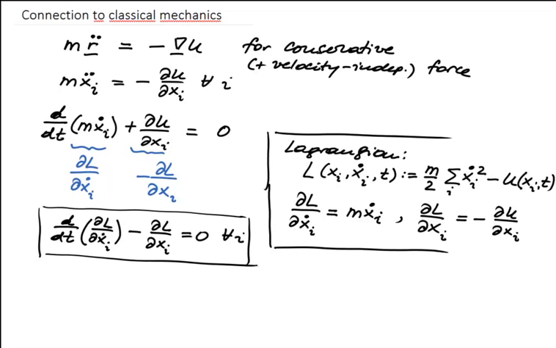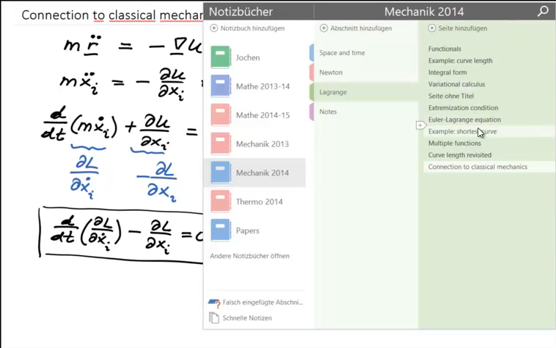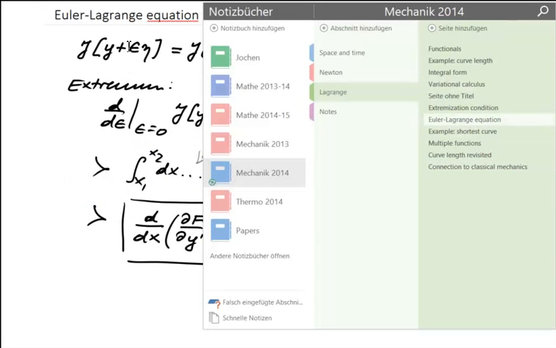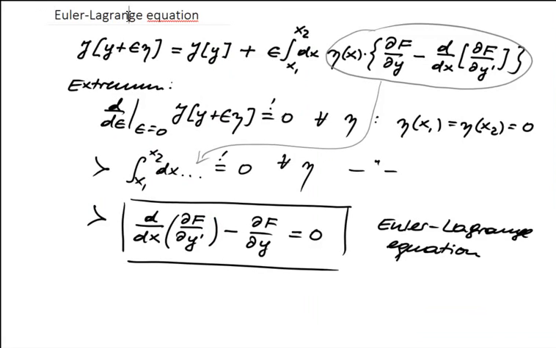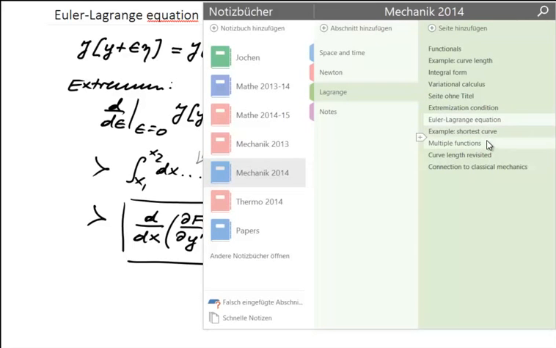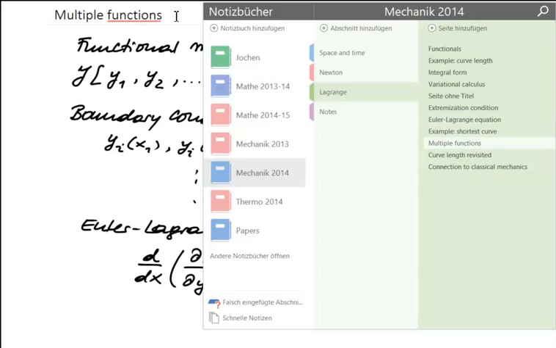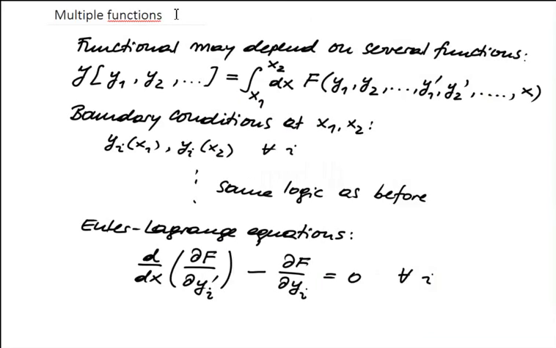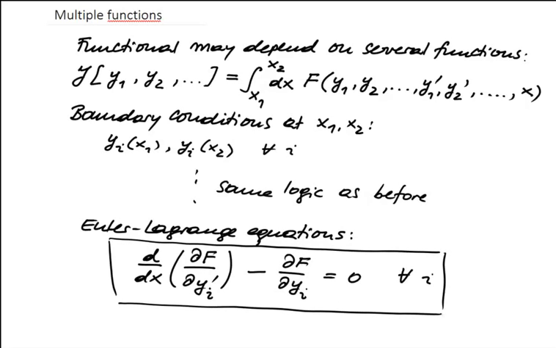Do you recognize the form of this equation? Let's go back to this previous page. Or maybe we take the case of multiple functions. Let's look at these equations here.